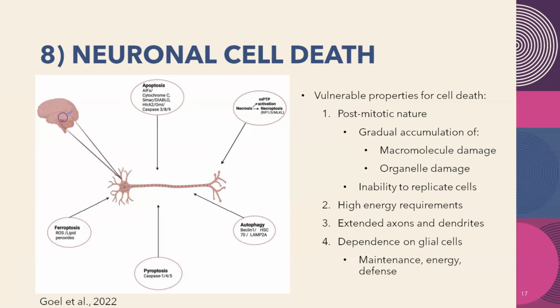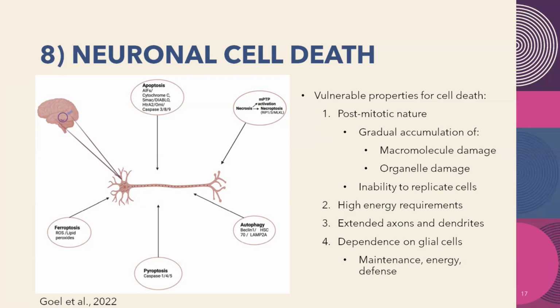And this is because one, it's highly specialized. It completes a relatively complicated process of transmitting info and electrical signals. But two, you have this cell body that sits here and then extends all the way out, and then your synapses on the end. And so it's a generally big cell that requires a lot of maintenance to maintain.